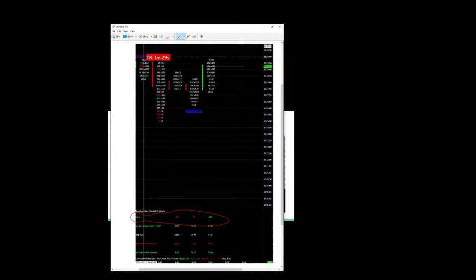And on this candle, delta is plus 638. Delta here is displayed on a statistics chart at the bottom of the chart. It tells us if we're negative by the red numbers and the little minus sign, and if we're positive by the green.